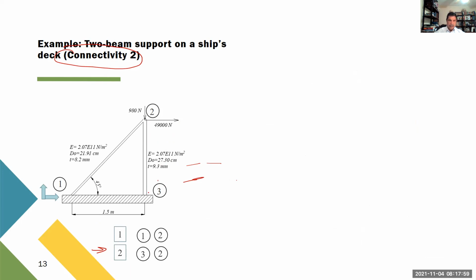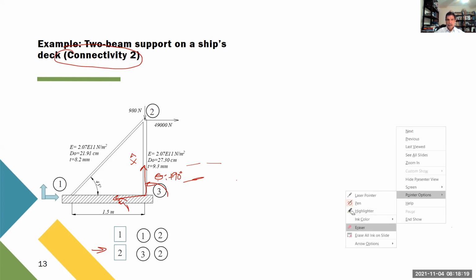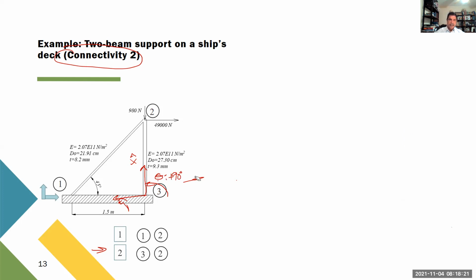So the local reference system will be this. This is your X, and this is your Y. So this is going to be theta, which is going to be plus 90 degrees. Okay, so we follow the same procedure. And of course, the result has to be the same at the end. Okay, so let's do it.